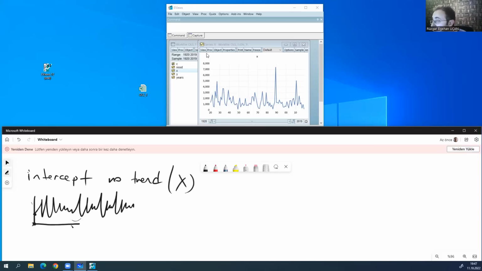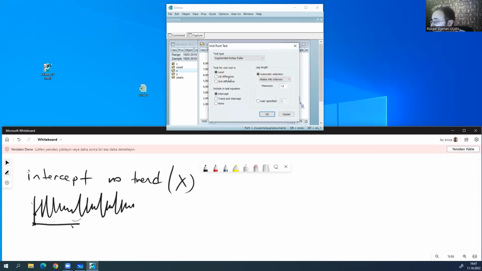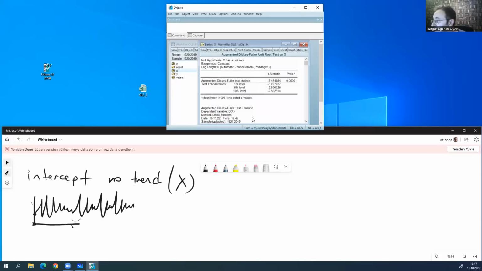So let's look at the unit root results. Again, we look at the level and we choose intercept, but no trend. Again, lag length is selected by Akaike information criterion. And finally, if we look at the t-stat, what is the t-stat here?